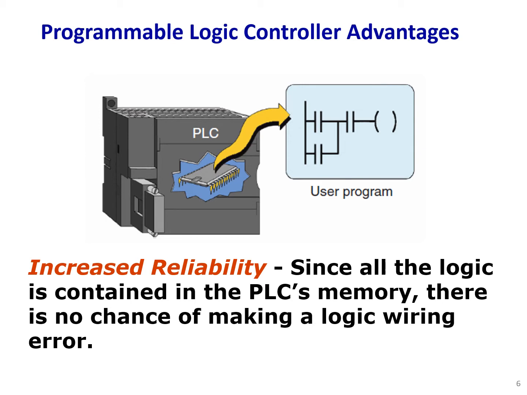But in PLCs, we just need to change a program. So here you could see we have one example of a user program, which is coded in the memory of the PLC. And if we want to change the logic, we just need to change the program of the PLC.